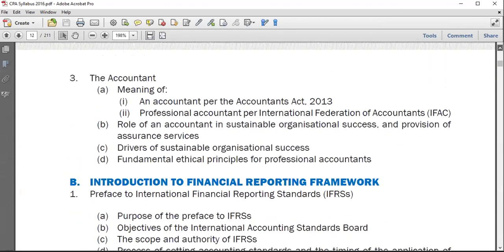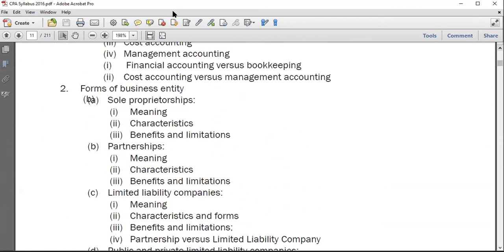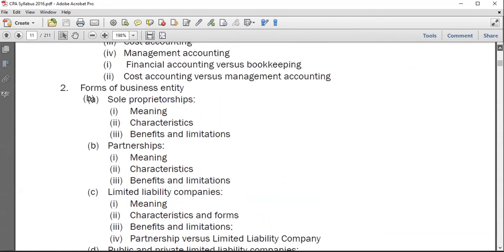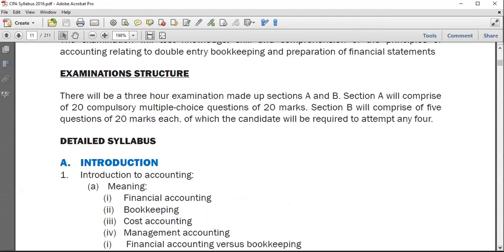So you'll be able to find more notes on that. I think you can see forms of business entity is a very key part of our course outline here, even as you continue to do your study, okay?